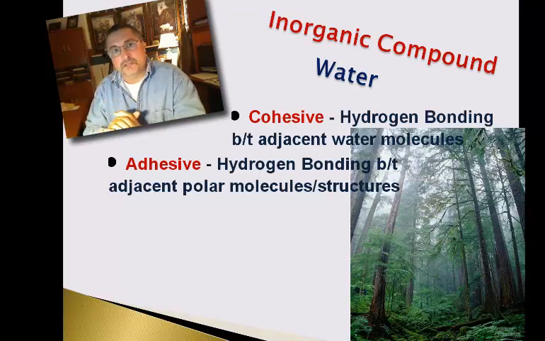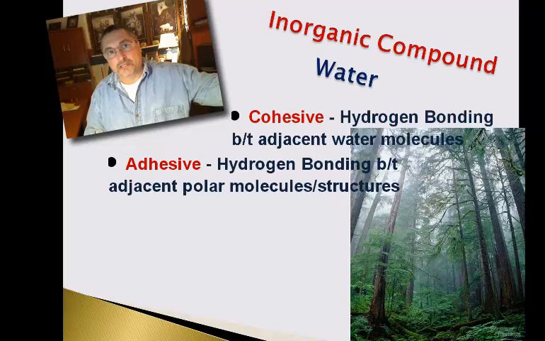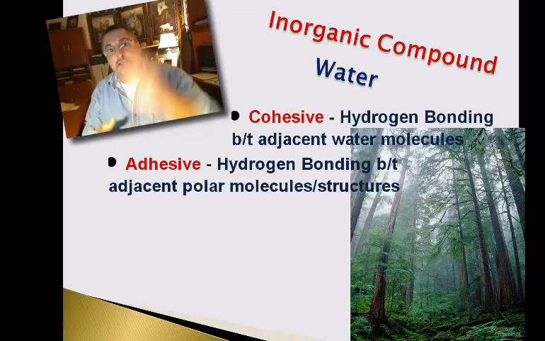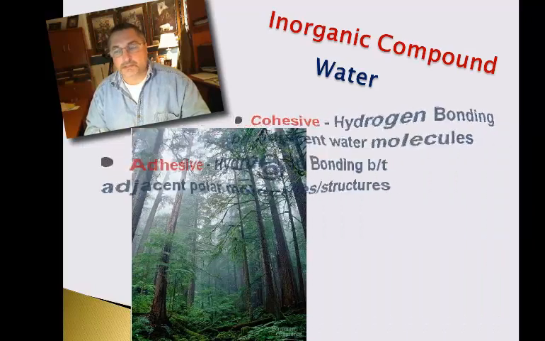See these very tall trees in the forest? Water is in the ground, obviously, comes in through the roots, but it has to be brought to the leaves for it to be used. How does it get there? It's the adhesive characteristics of water that allow it to associate with structures that it migrates up through, straw-like structures.